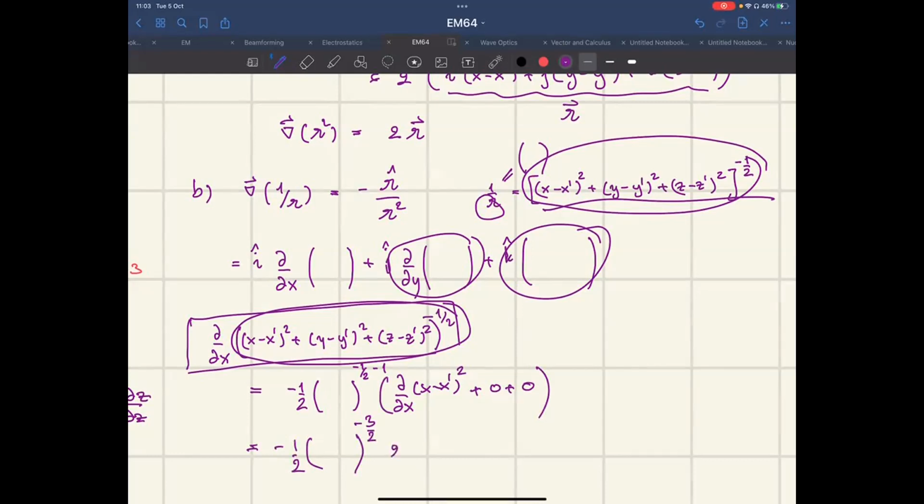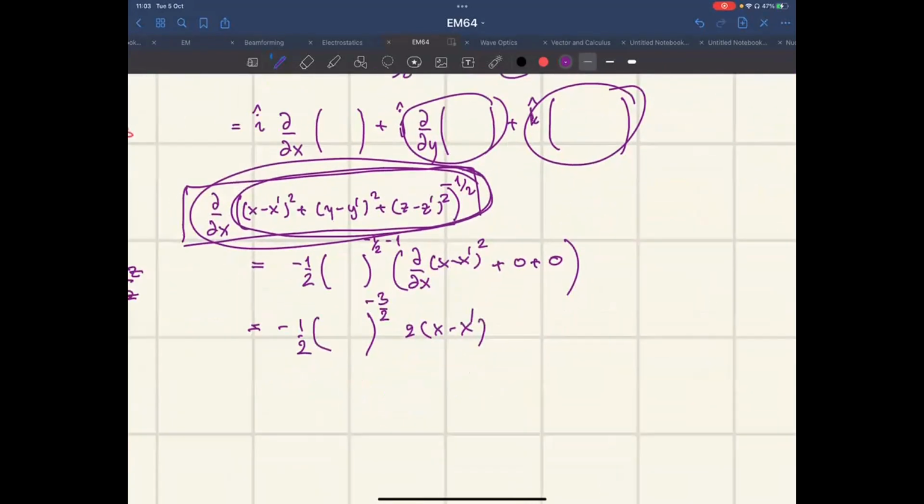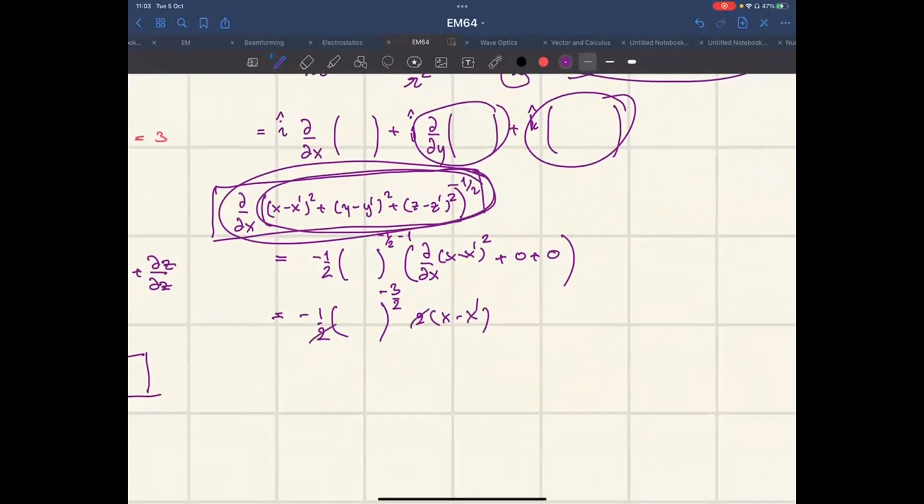Taking this derivative, it becomes 2 times x minus x prime. All right, this thing is equal to this. We are done here, and 2 cancels 2. What we have here is minus the whole bracket to the 3/2 times x minus x prime. Is that okay? The same thing can also be done for y and z.